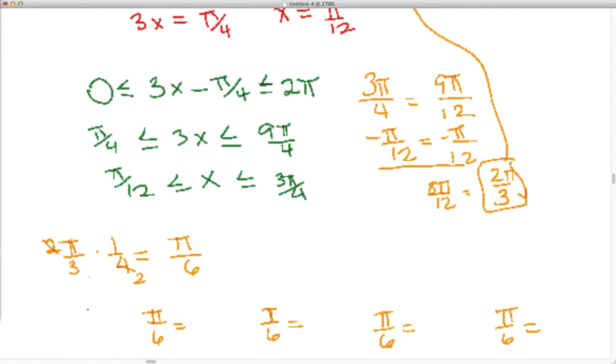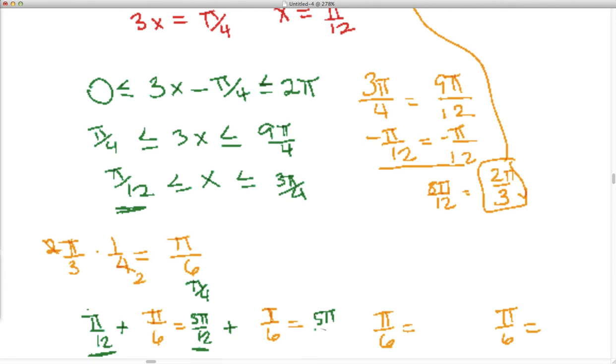So you start at the first point, which was this pi over 12 here. And that's going to be the beginning. I'm going to underline it. Plus. And then when you add these, that's going to be 2 pi over 12. So it's going to be 3 pi over 12 here. Plus. Now here's the next point. And that could be reduced to pi over 4. And then 2 pi over 12 again added is going to give me 5 pi over 12.